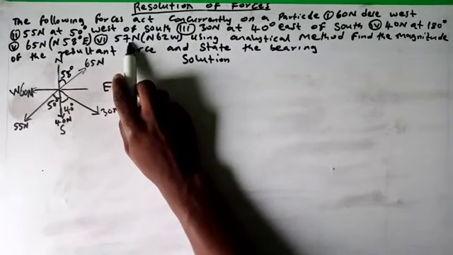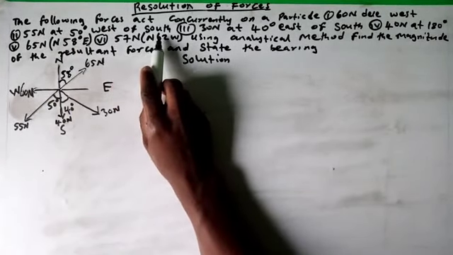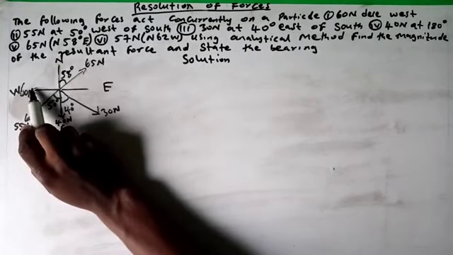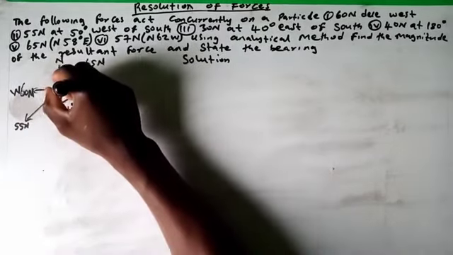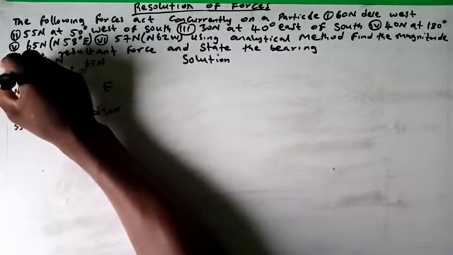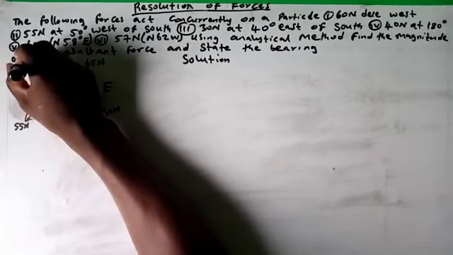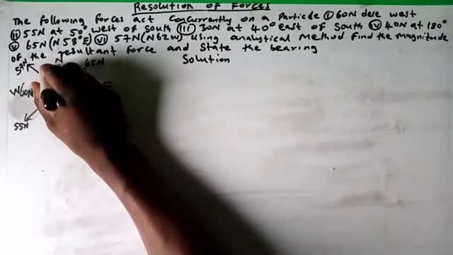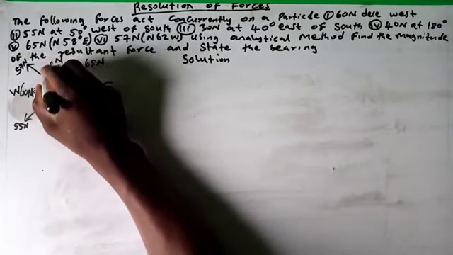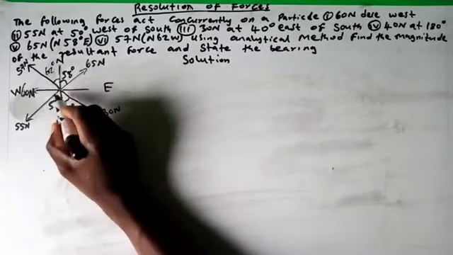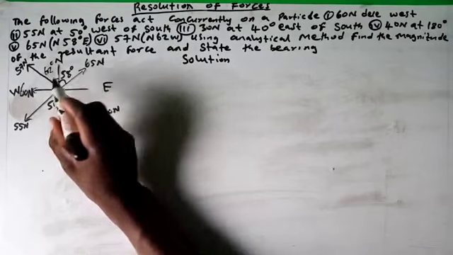Then this one is 57 Newton, north 62 degrees west, which is this part. Here is 57 Newton, and it is 62 degrees. So these are the forces acting on the particle at this point.